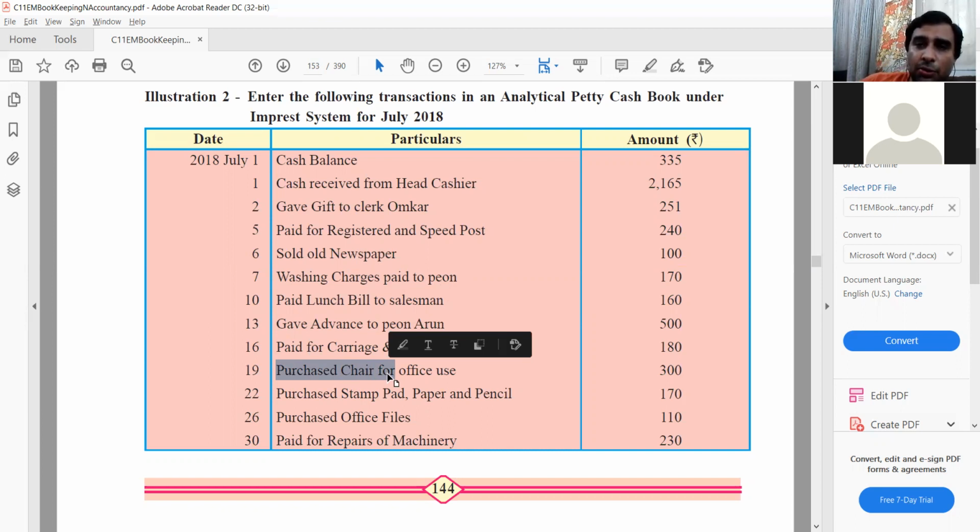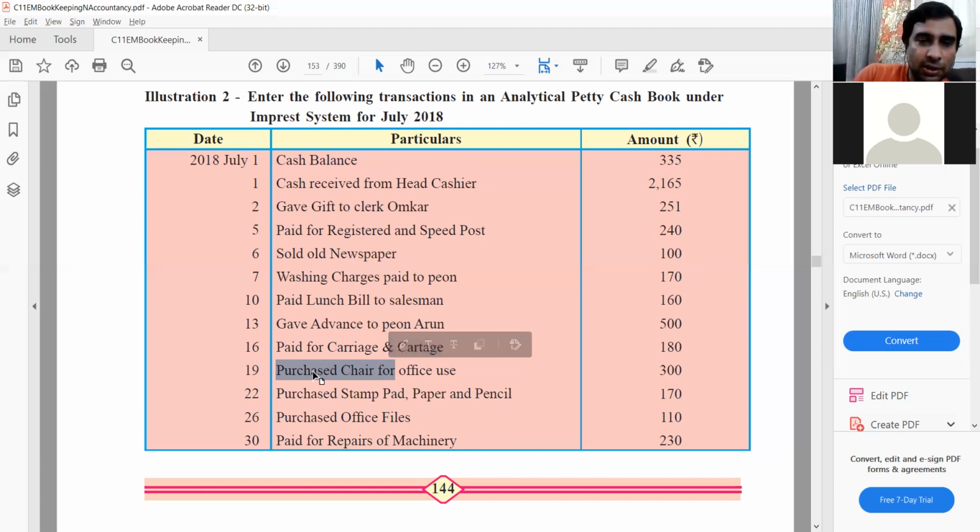So that's the other thing you need to understand in case of a multi-column petty cash book: when it is a nominal account, those are the columns that you will make for a petty cash book. And when it is a personal account or a real account, those will go in the last column, which is called ledger.